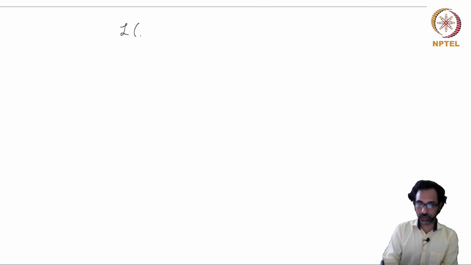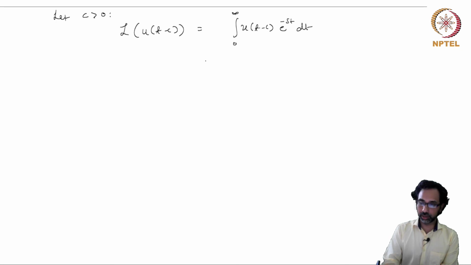So let's try to compute the Laplace transform of u(t minus c). Supposing that c is greater than 0, the Laplace transform is the integral from 0 to infinity of u(t minus c) e to the minus st dt. From 0 to c this is 0 times e to the minus st, plus from c to infinity this is simply 1 times e to the power minus st dt.